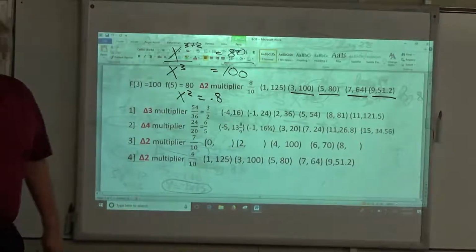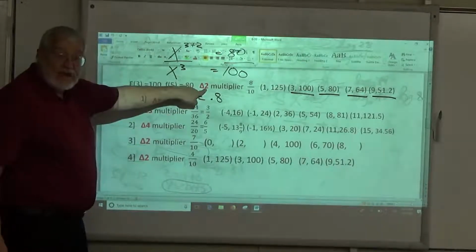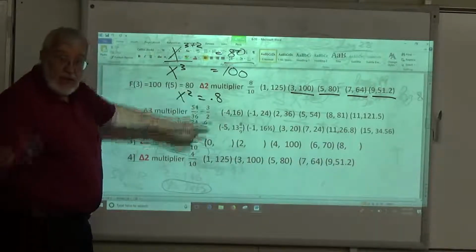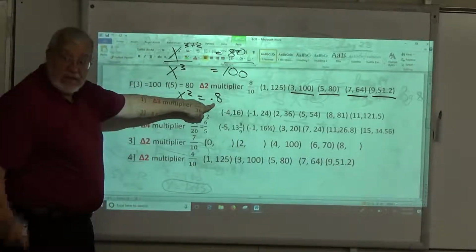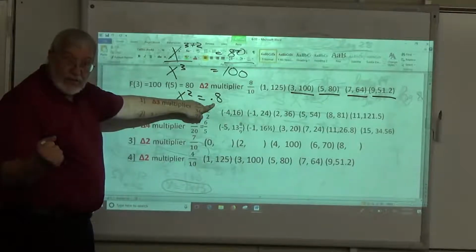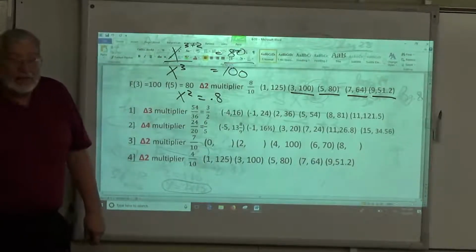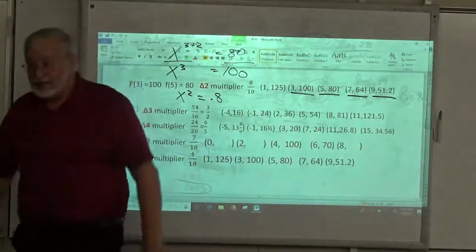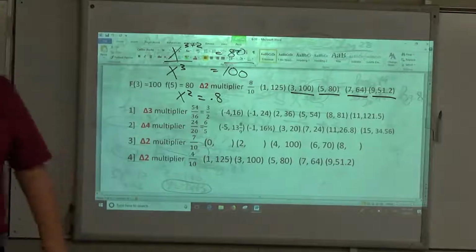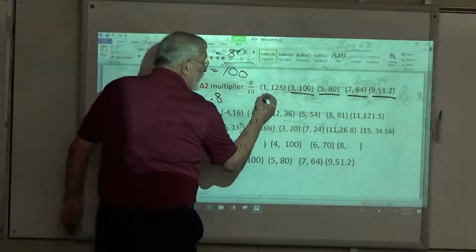Alright, so because this original information was a difference of 2, I can go up by multiplying the value by 0.8. Now, if I want to go down, I have to divide by 0.8. So let's go back. Take 100, divide it by 0.8. 125.